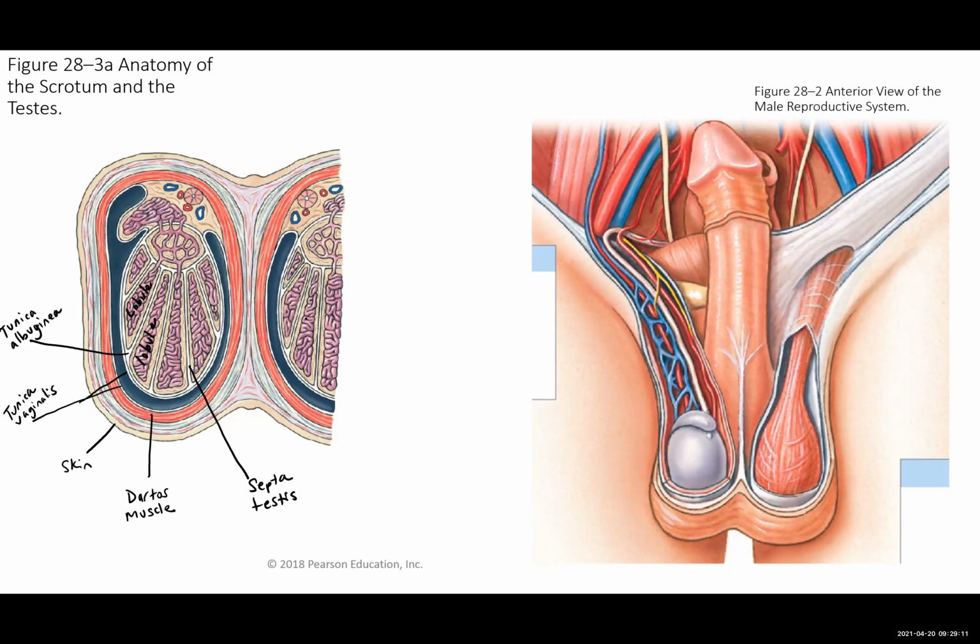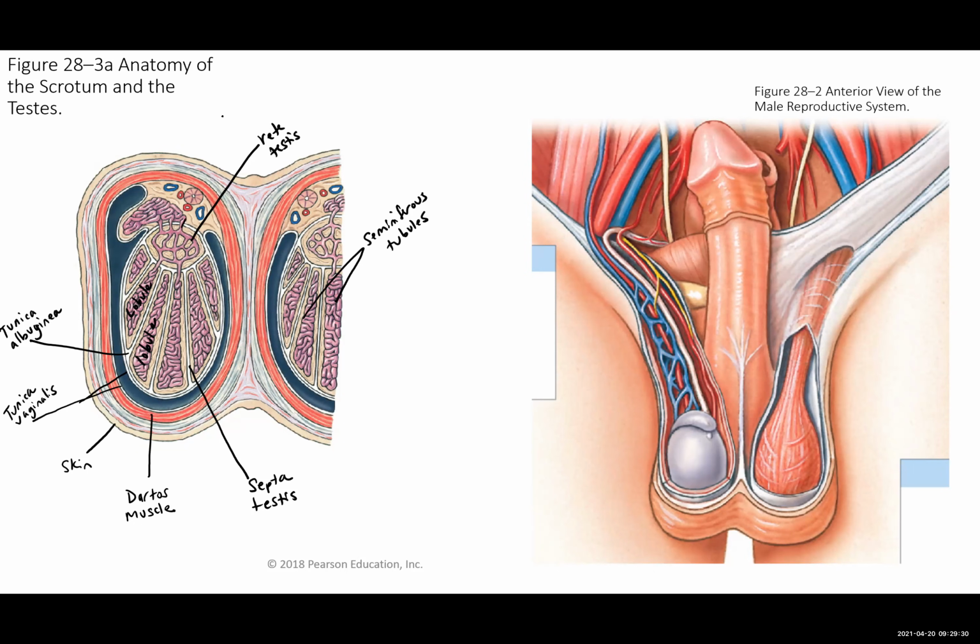The lobules then are full of the seminiferous tubules. So we're seeing that throughout the entire testes there. They come together here to form what's called the rete testis.